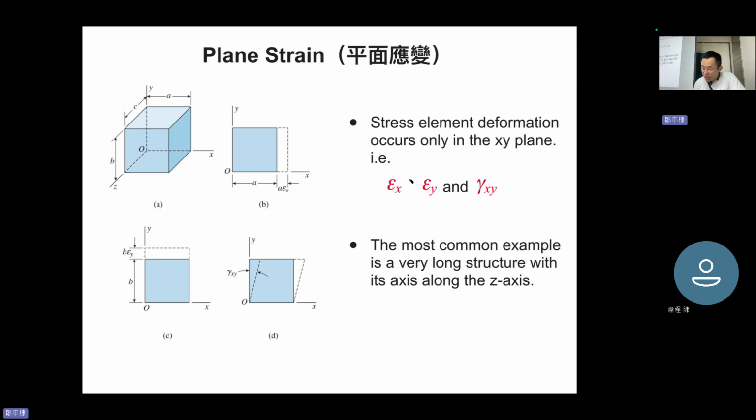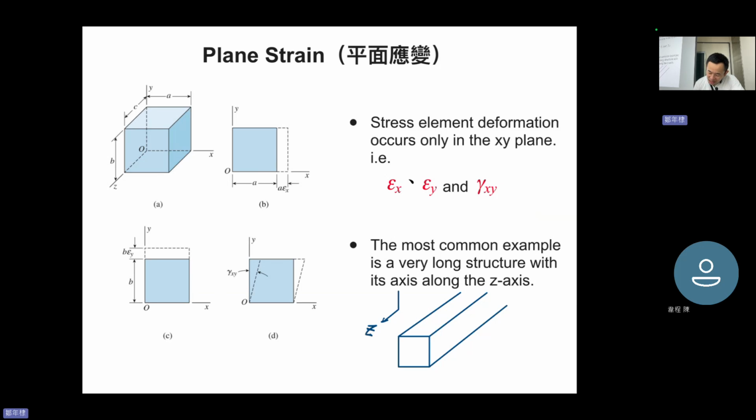So you can imagine no epsilon Z. What does that mean? It means epsilon Z can be very small so that we can ignore it. The most common case is a really, really long material, where the original length in Z is really, really long.